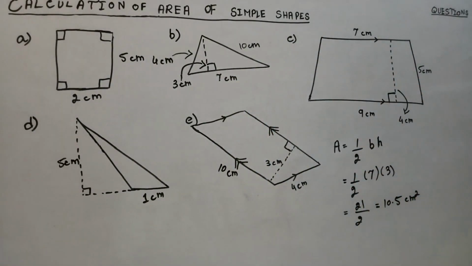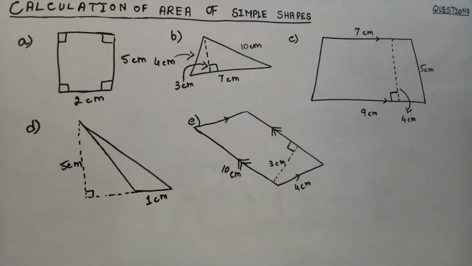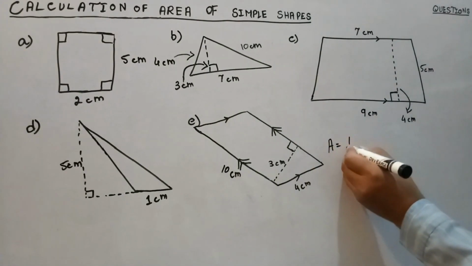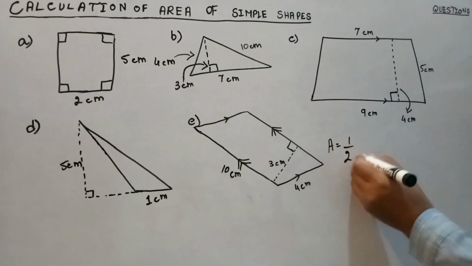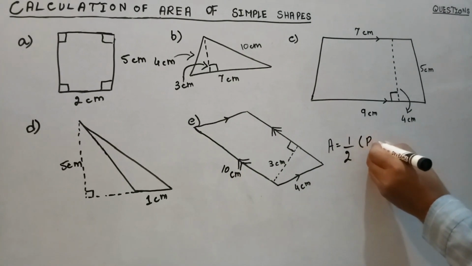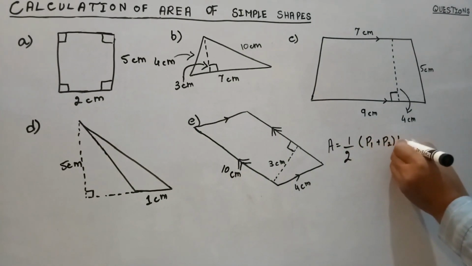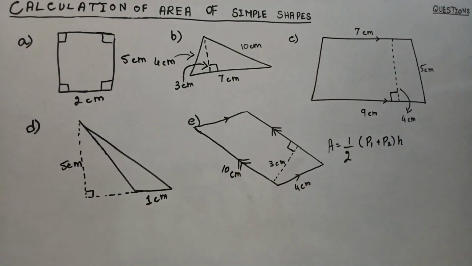Now let's see our next figure, which is a trapezium. Now let's see the formula of the area of this trapezium. The formula is 1 over 2 sum of parallel sides multiplied by height.